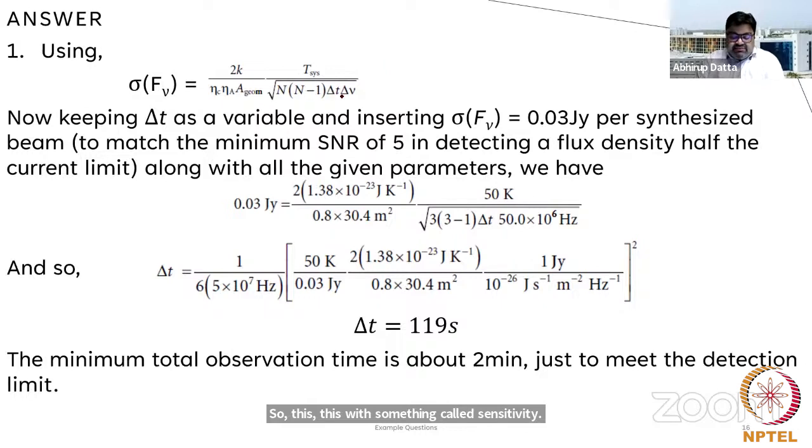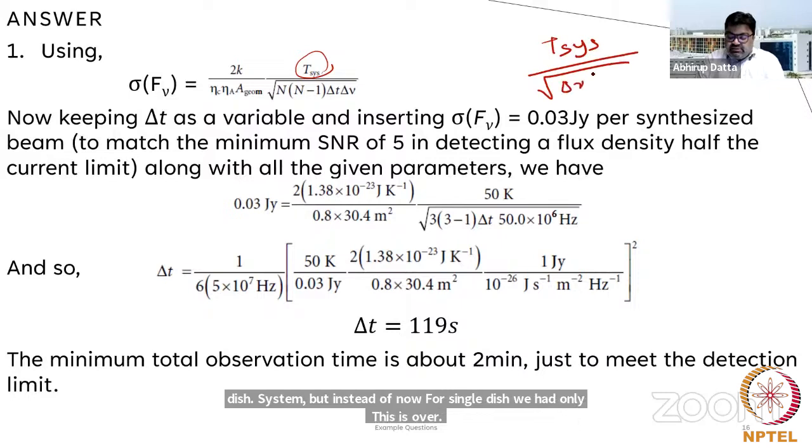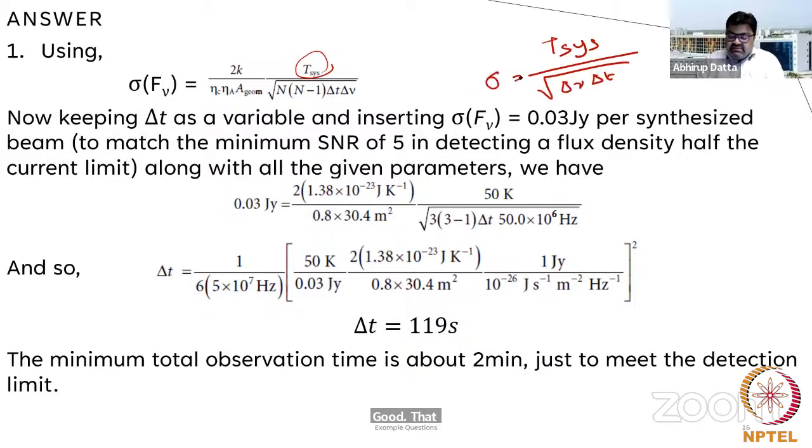So sensitivity for an interferometer is given by this, where your system temperature is the same as your single dish system temperature. But for single dish, we had only Tsys over the square root of delta nu times delta T. That gave the sensitivity limit.